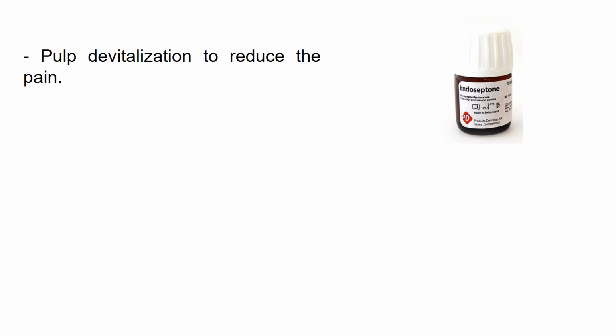Even though we don't like toxic devitalizing agents like tricresol, formalin, phenols and CMCP, maybe to devitalize a pulp that is very painful, we may use this temporarily just to sedate the condition and give the patient another long visit.